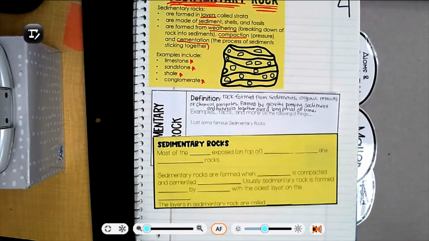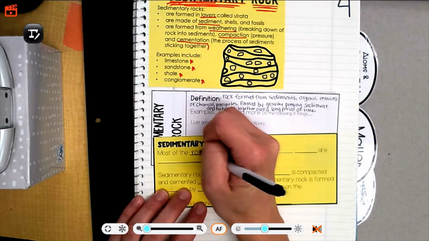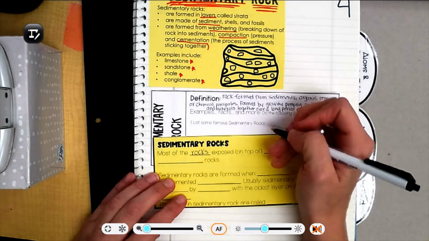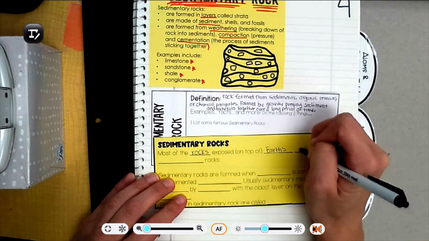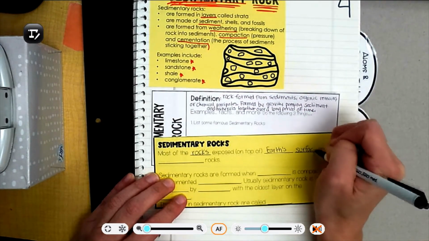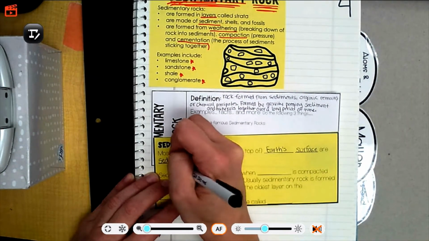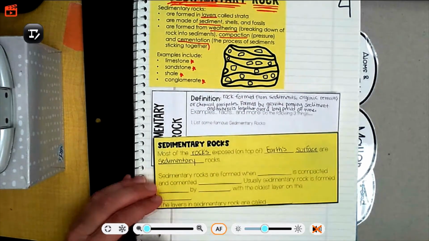So sedimentary rocks. Most of the rocks, oh my gosh, exposed, that means on top of Earth's surface. So that means like where we walk, are sedimentary rocks. So why do I have you write sedimentary? Because it's a hard word to spell and you need practice.